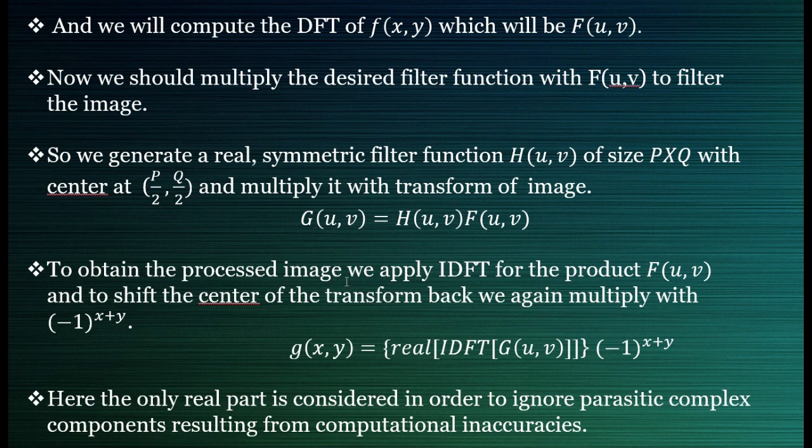To obtain the processed image, we apply IDFT to the product F(u,v) and H(u,v) and shift the center of the transform back. So we multiply by minus 1 to the x plus y. Here only the real part is considered in order to ignore parasitic complex components resulting from computational inaccuracies.